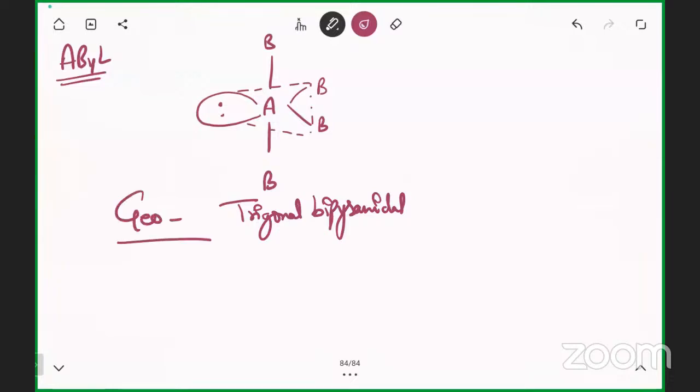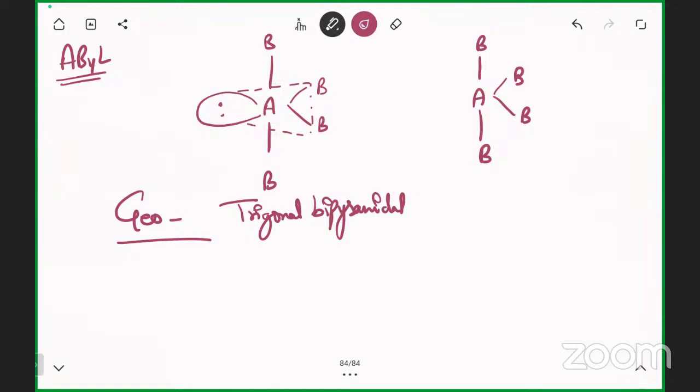But just remove this lone pair and make this structure. This represents something. I think in your childhood you played a game called seesaw. One will sit this side, one will sit this side, and up, down.